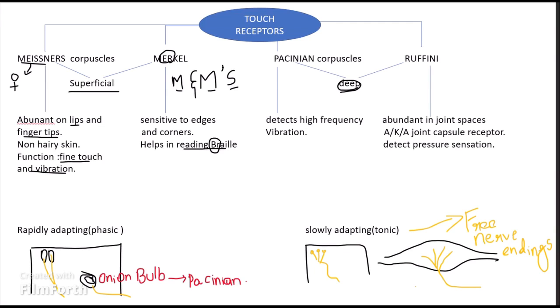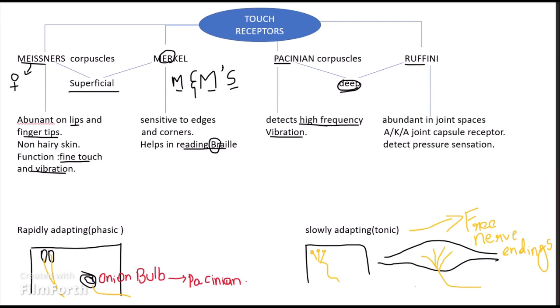You can remember it as M&Ms are superficial, so obviously the other two will be deep. Then Pacinian, you can also remember it as Pac-Man, the game which we play. It detects high frequency and vibration.